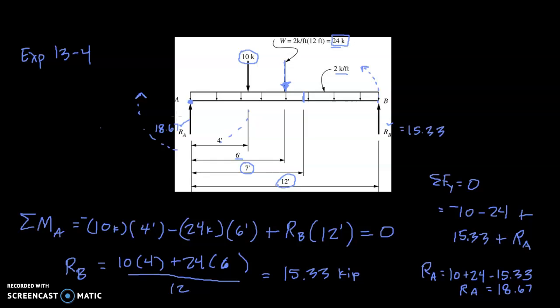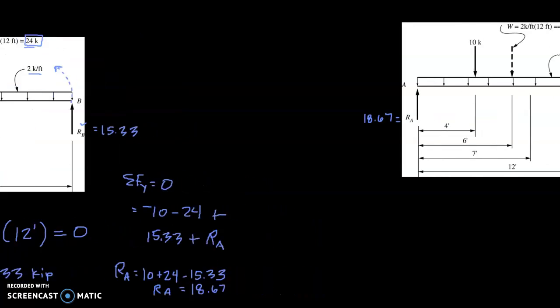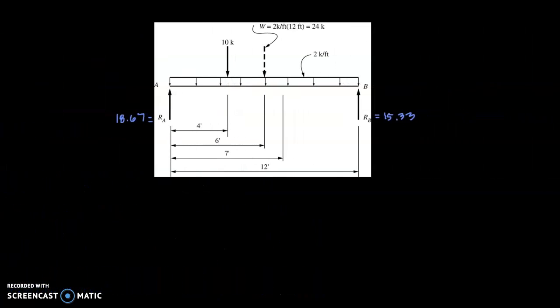Okay, so we've got our reaction forces. Now we can start to find the shear, and then we'll find the moment at this point right here. So I'm going to slide over here where I have this diagram copied again.